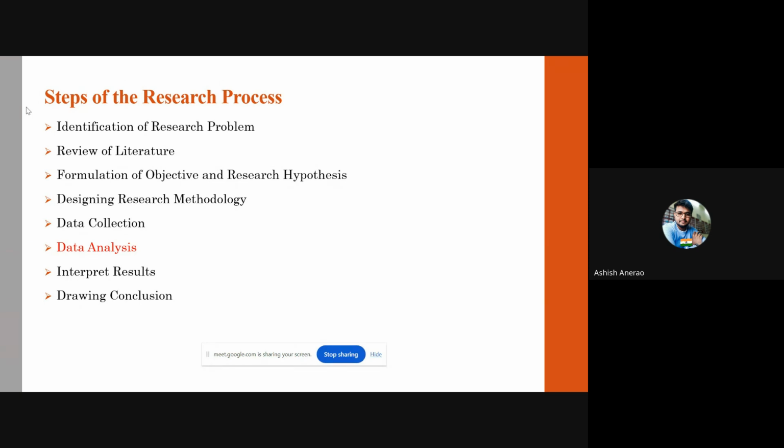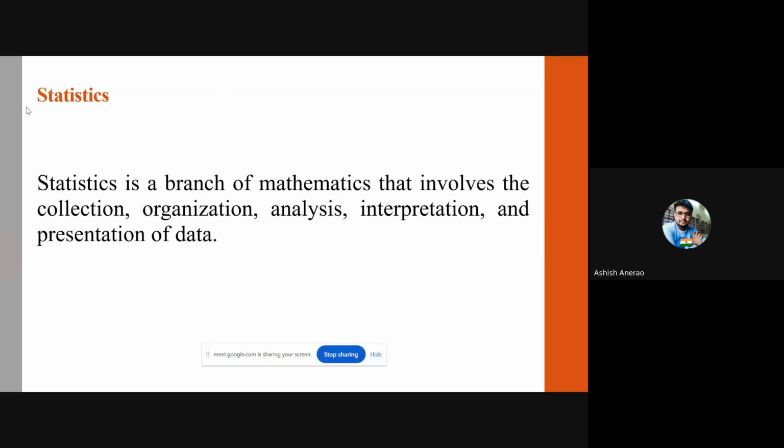After that we see some scales, that means types of data. After that, some tests and some models that we use in our data analysis.